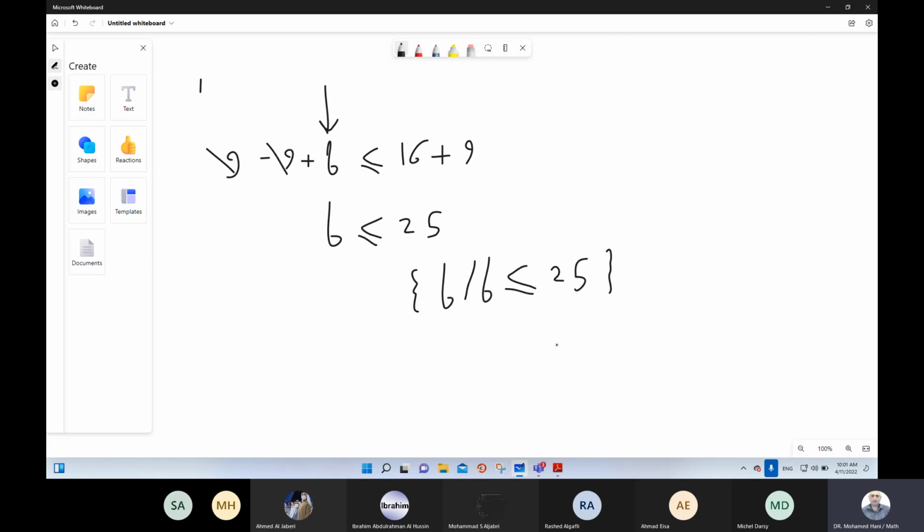How do you check if your work is true or not? Choose any value less than or equal to 25. This is the basic inequality. Choose any value less than 25, for example, 5.